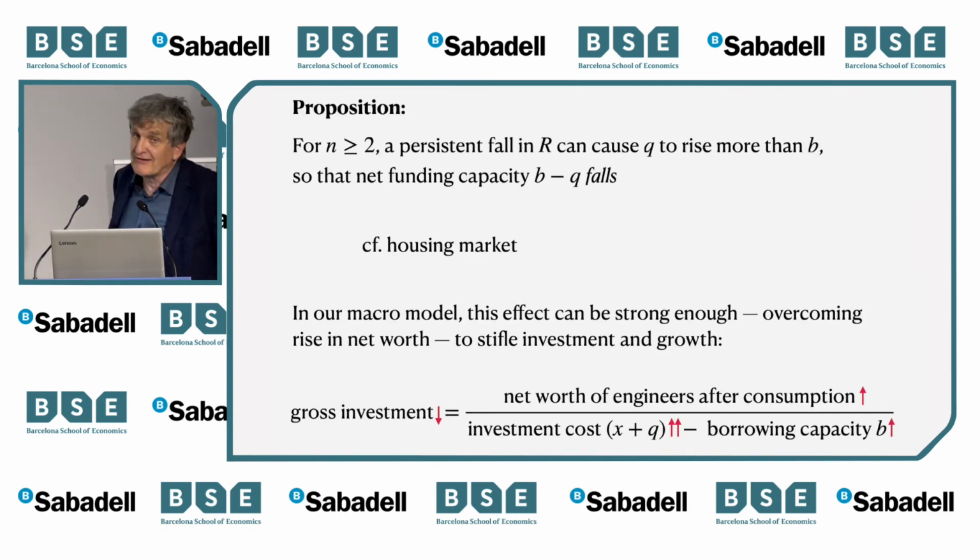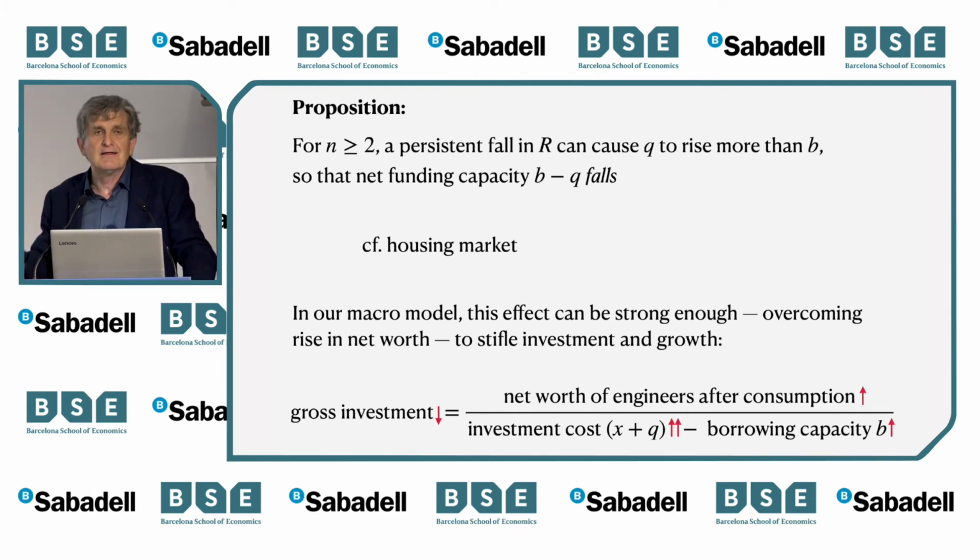Proposition: for n greater than or equal to 2, a persistent fall in interest rates can cause Q to rise more than B, so that net funding capacity B minus Q falls. And an example of this is the housing market. When young people start trying to get on the housing ladder, if you ask them, do you want to live in a world with lower interest rates? The first answer they give is yes, please, because building societies and banks will be willing to lend me more.